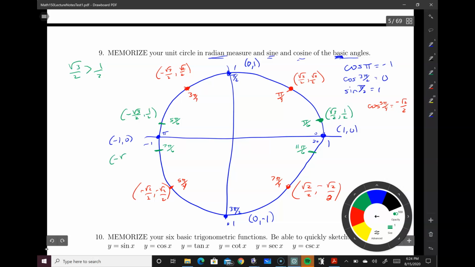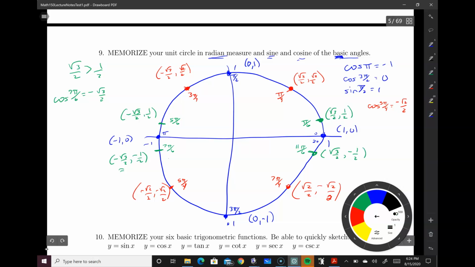This is large negative in the x direction, small negative in the y direction. And this is large positive in the x direction, small negative in the y direction. So just physically looking at it can be helpful to find out what the xy points are. So if you were asked to find cosine of 7 pi over 6, you would say that's negative root 3 over 2, because at the angle 7 pi over 6, that's the x value.